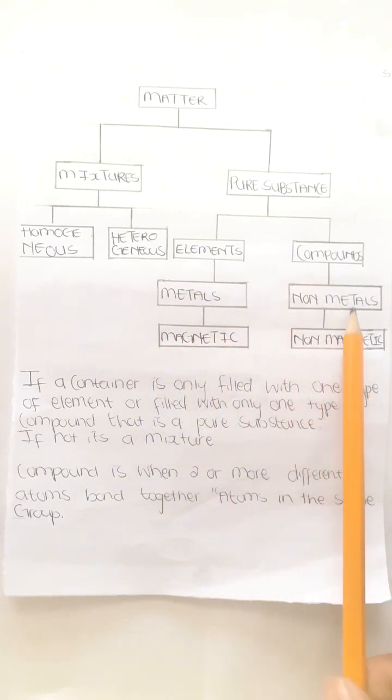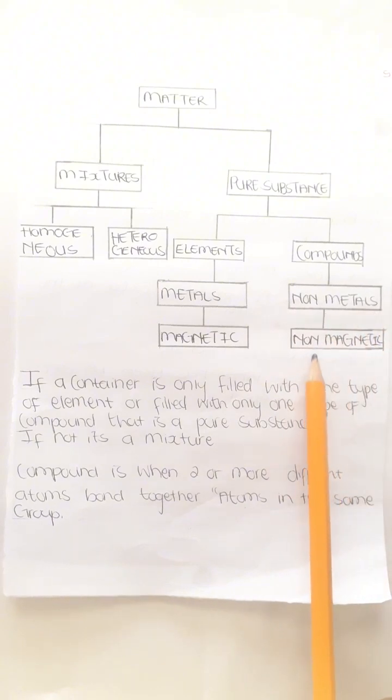Compounds are non-metals and non-magnetic. If a container is only filled with one type of element or filled with only one type of compound, that is a pure substance. So elements and compounds make up pure substances.